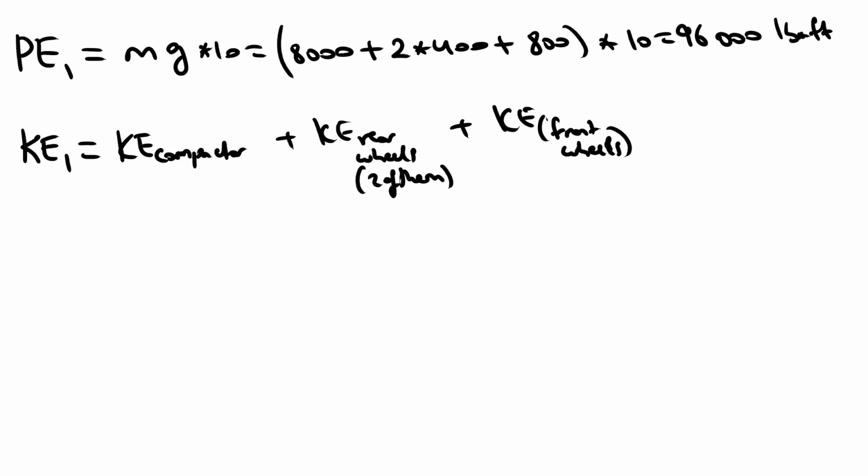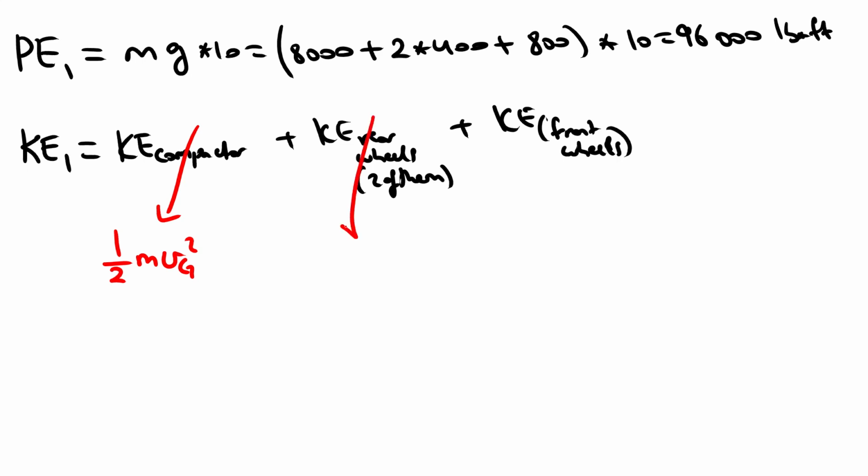Again we have 2 of them. The compactor has only translational kinetic energy, which is 1/2 m vg squared.